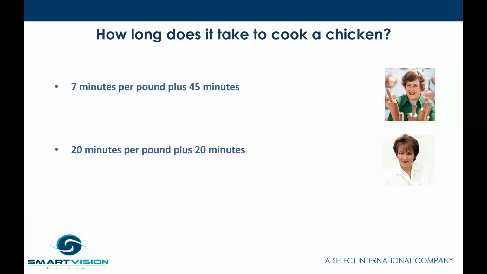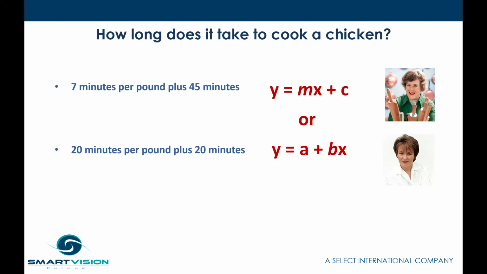And it turns out that if you're using a cookbook, such as Delia Smith or Julia Child's cookbook, they have different little equations. Julia Child's came up with 7 minutes per pound plus 45 minutes, which is very different from Delia Smith's equation of 20 minutes for every pound of the chicken plus 20 minutes for good measure. The point is that these are the equation for a straight line.